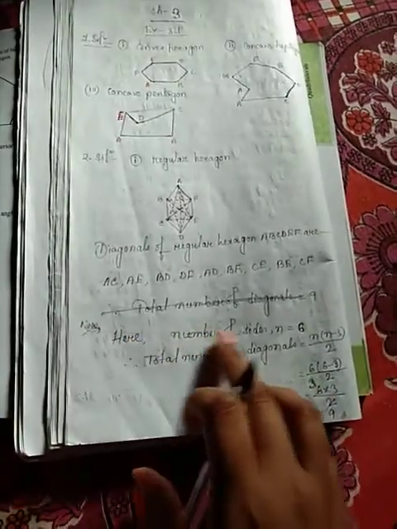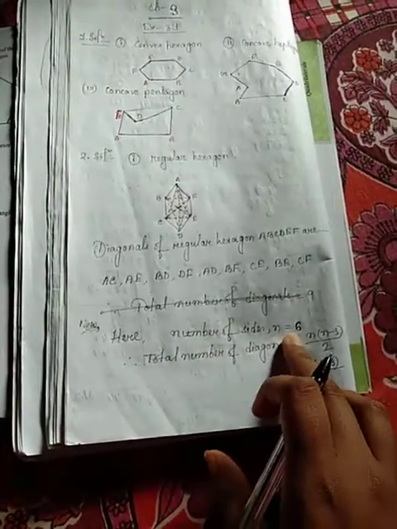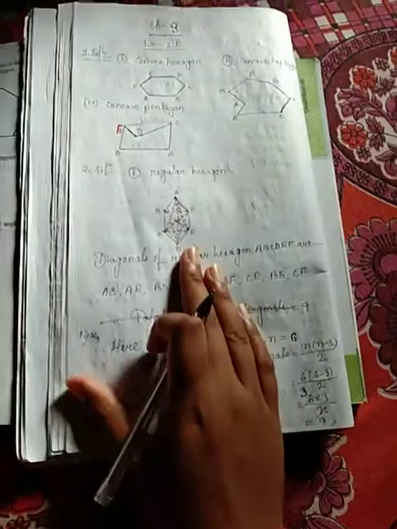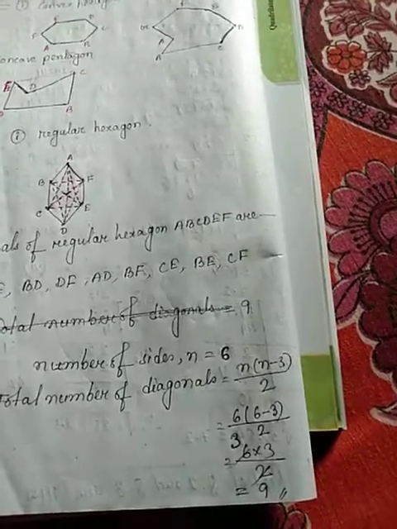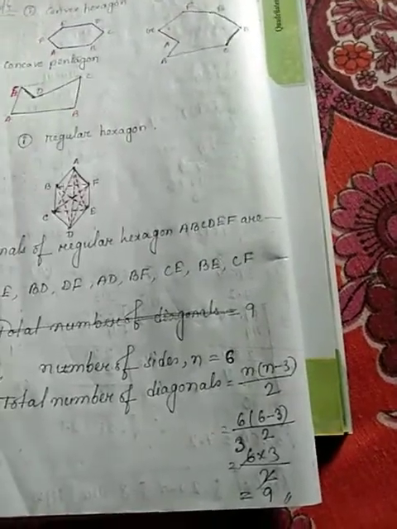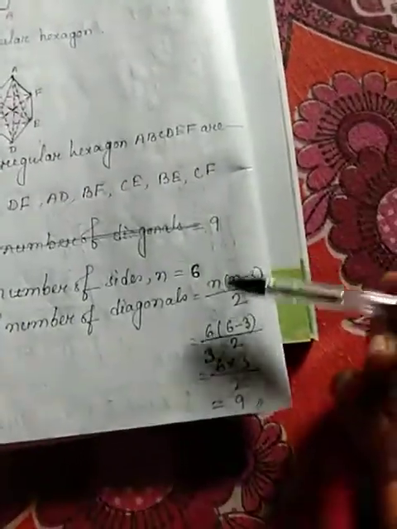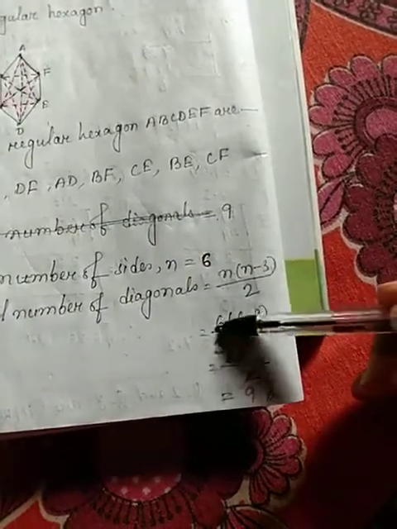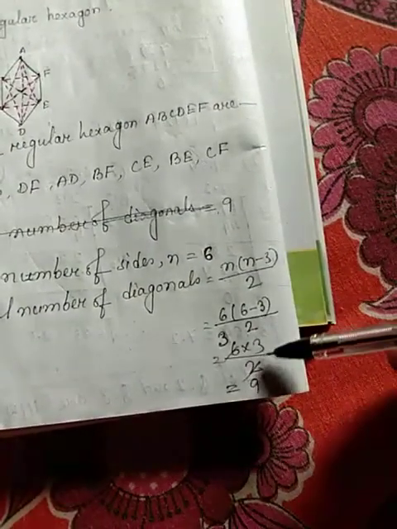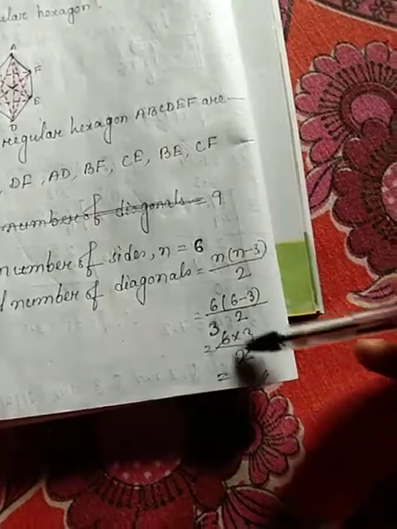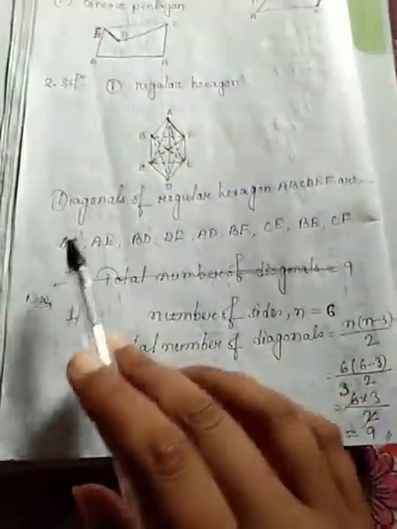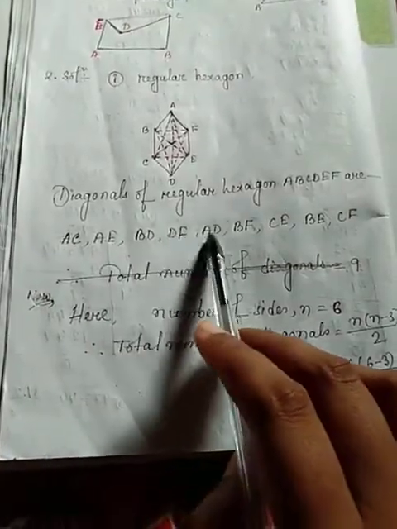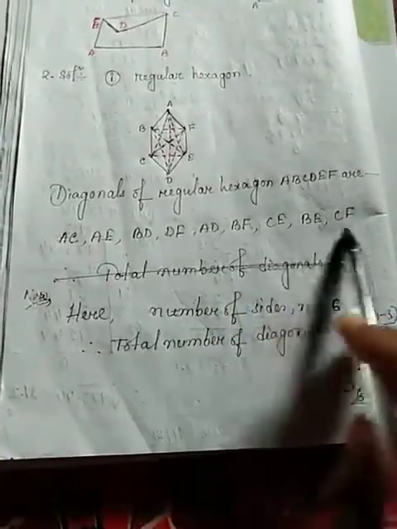How do we find it? Here the number of sides n is 6. Then the total number of diagonals formula is n into (n minus 3) divided by 2. Then I put the value of n here: 6 into (6 minus 3). 6 minus 3 is 3. Then we reduce 2 and 6. Then 3 into 3 is 9. And the total number of diagonals is 9. Now see, 1, 2, 3, 4, 5, 6, 7, 8, 9. The total number of diagonals is 9.